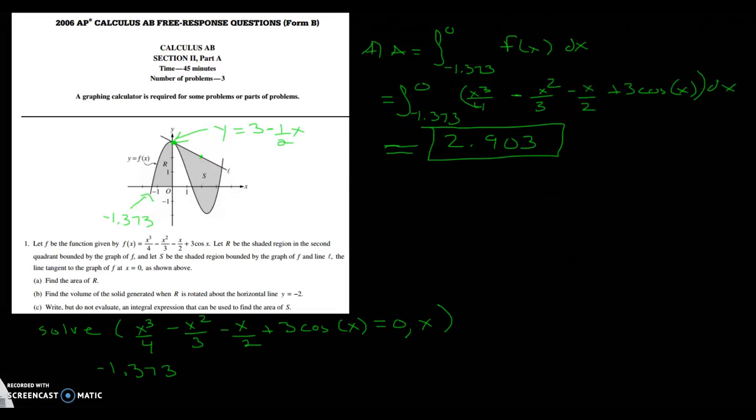Okay, part B says, find the volume of the solid generated when R is rotated around the horizontal line y equals negative 2. So if you have this function, and that's of course the x-axis, I'll do red for the x-axis, and now a different color, blue, for y equals negative 2.